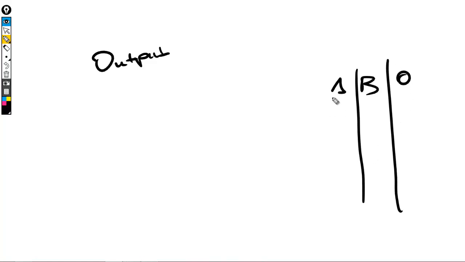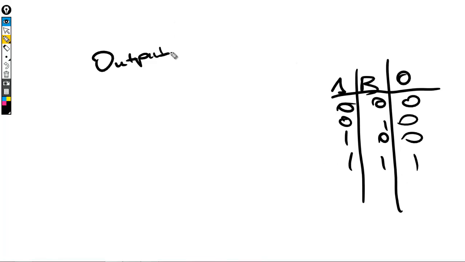We're going to just call the output O from now on. 0, 0, 0; 0, 1, 0; 1, 0, 0; 1, 1, 1. So this will only be on when A is 1 and B is 1. Let's take an OR gate. This is AND, and this is OR.